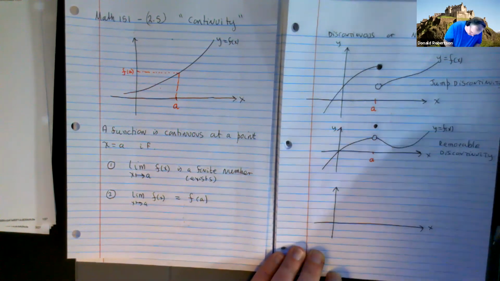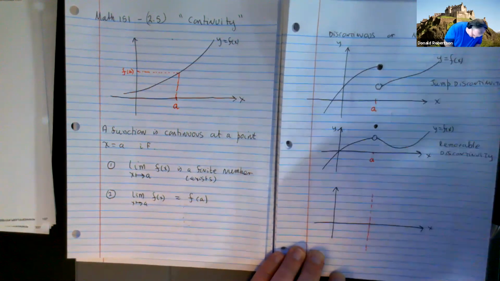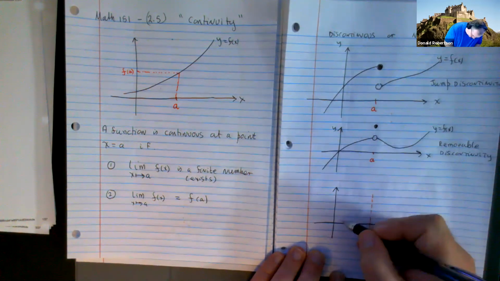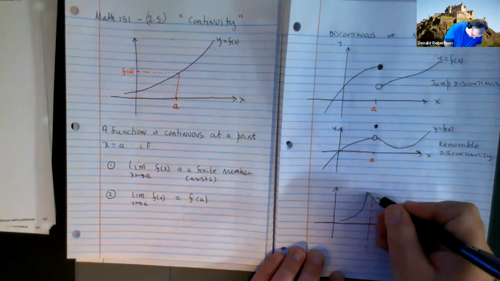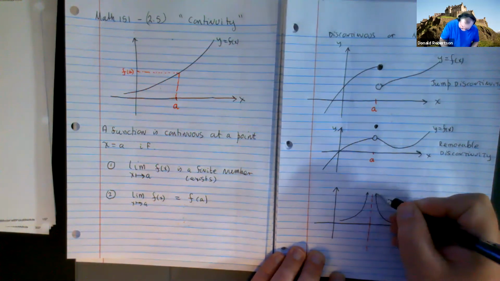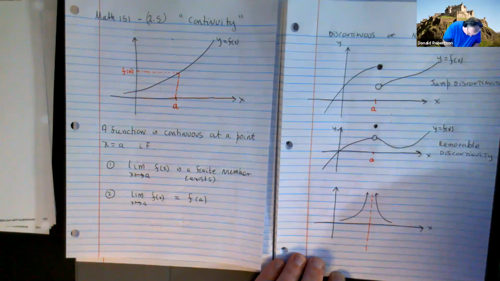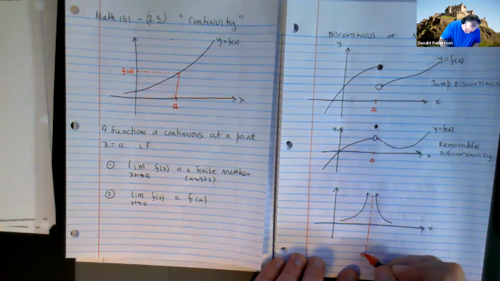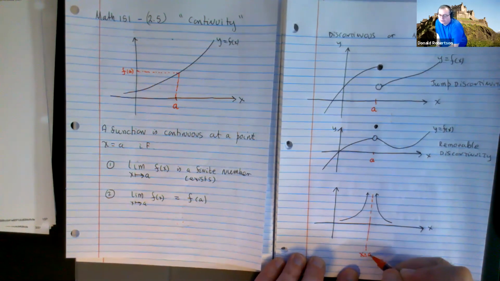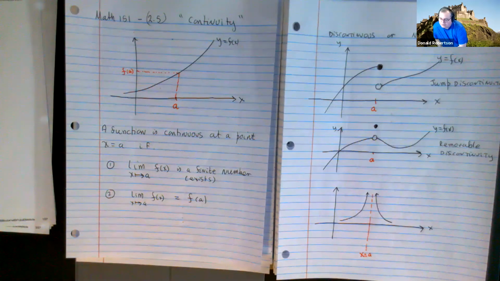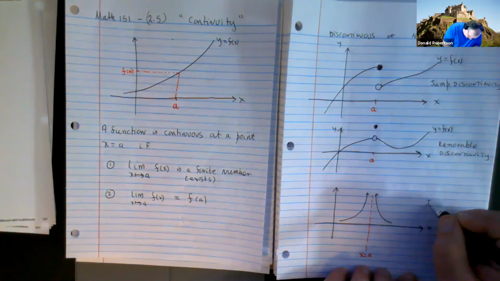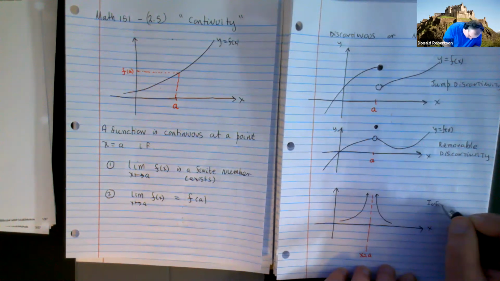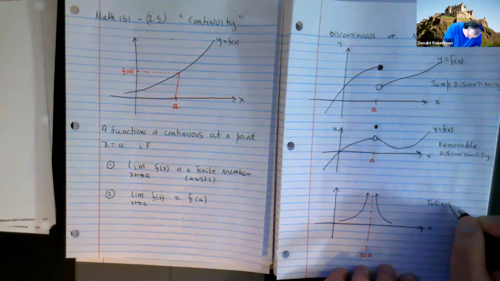is this type of discontinuity. And if you have a vertical asymptote in your function, then at the point where the vertical asymptote happens, there's a discontinuity, and it's an infinite discontinuity.